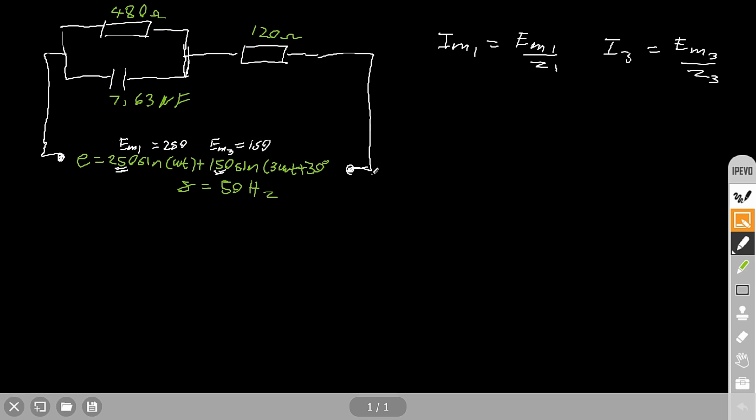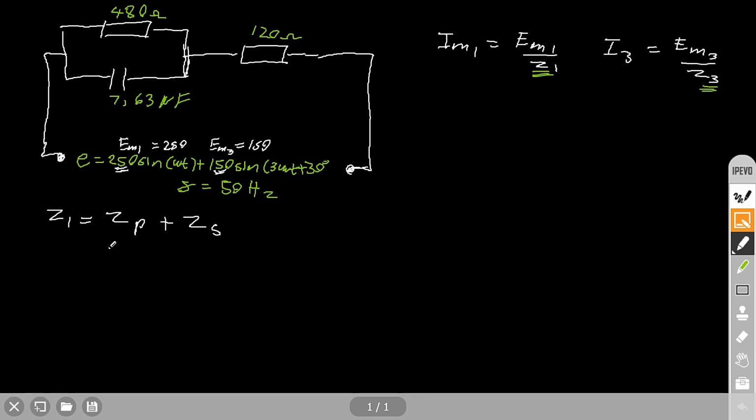So the value we don't have is the Z. And by the way, how can we get this Z? That's the question now. So guys, to get Z1, remember we have a parallel section here, so it's Z parallel plus Z series.